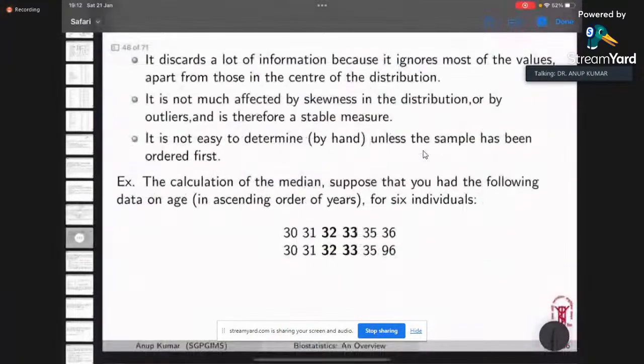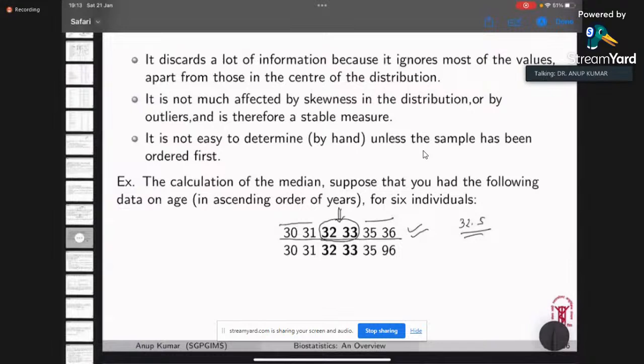Now, if your data has 6 instead of 5, you have to take the 2 middle values because you cannot take one value, and you take the mean of these two. So 32.5 is the median of this data.